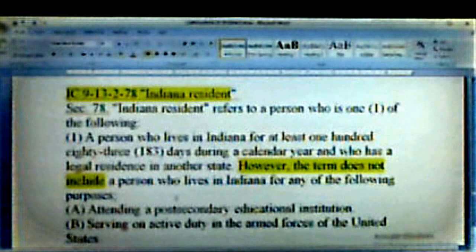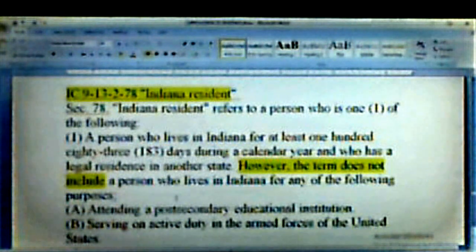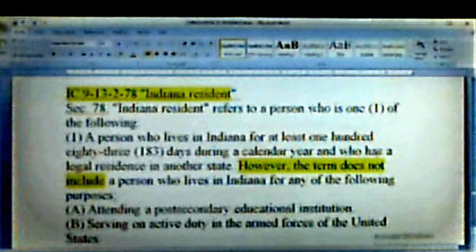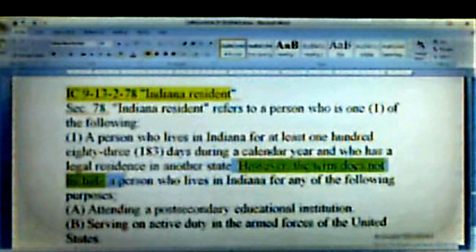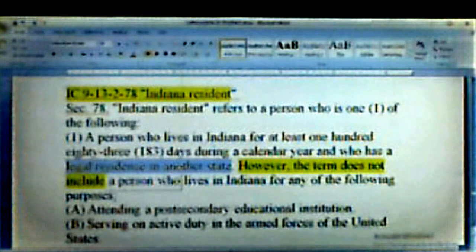So we go to IC 9-13-2-78. Indiana resident refers to a person who is one of the following: a person who lives in Indiana for at least 183 days during a calendar year and who has a legal residence in another state. You get that? A legal residence in another state, guys.